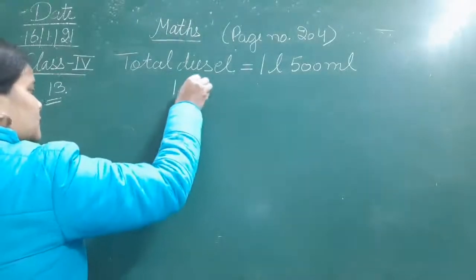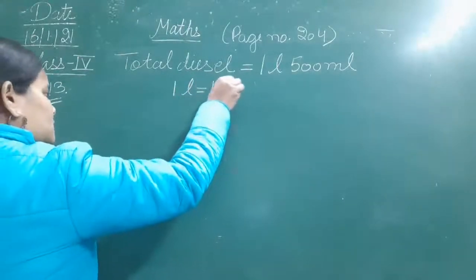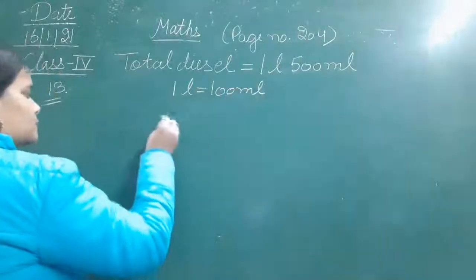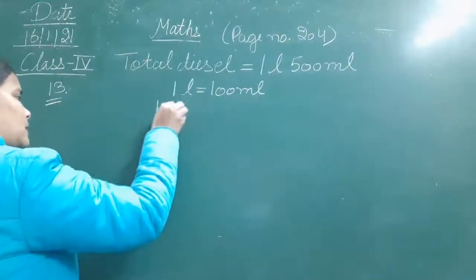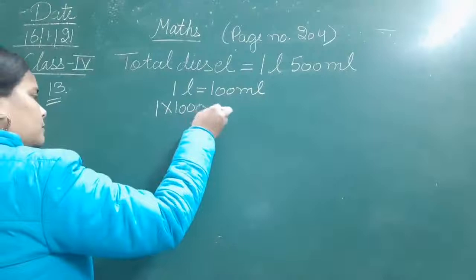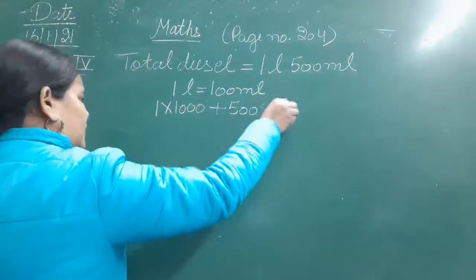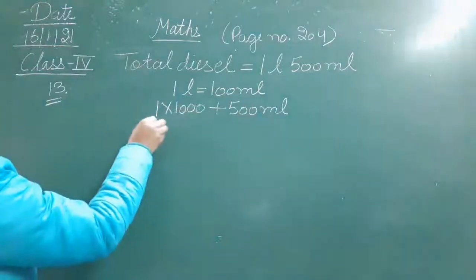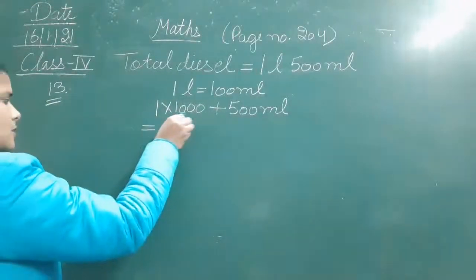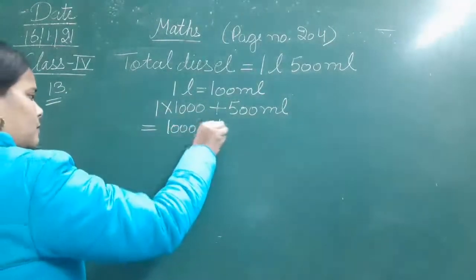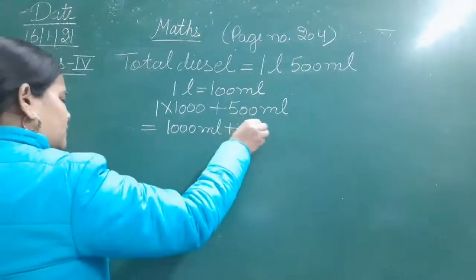1 liter is equal to 1000 milliliter. Okay, so 1 multiplied by 1000 plus 500 ml. So this is already in ml, and after multiplying with 1000 we will convert into ml. That is 1000 ml plus 500 ml.